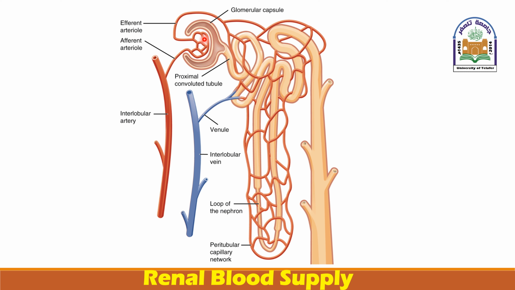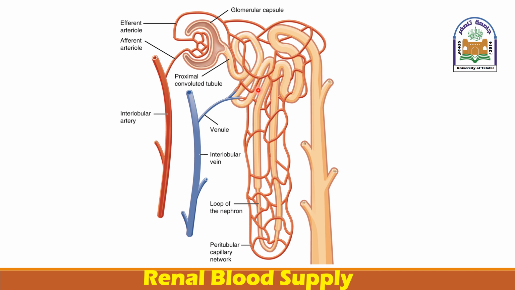The glomerular capillary coalesces to form the efferent arteriole. Afferent means incoming, efferent means outgoing. These efferent arterioles will be divided into the next group of capillaries. This is the next capillary bed, known as the peritubular capillary. And it has a special name in the juxtamedullary nephron. I will discuss it later.